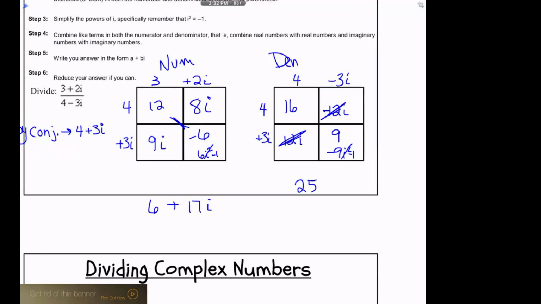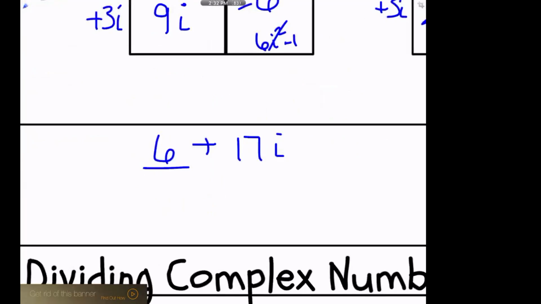So now I need to put these two back together. When I put them back together, I'm going to create two separate fractions. So I'm going to take the numerator and I'm just going to divide both pieces by the denominator, which was 25.